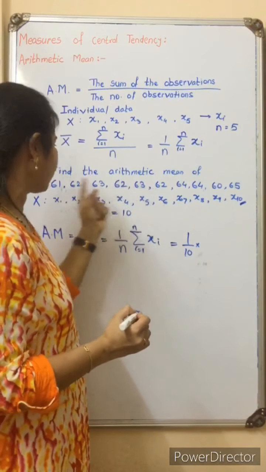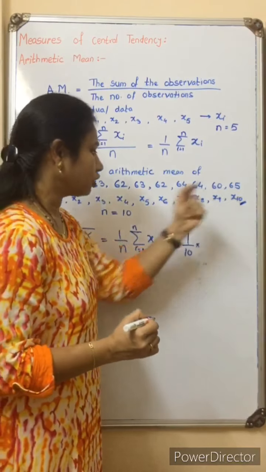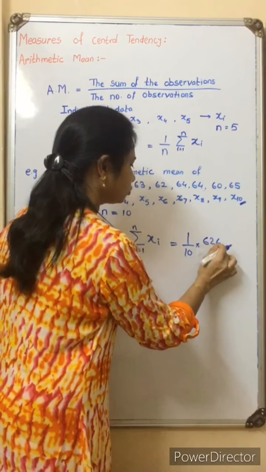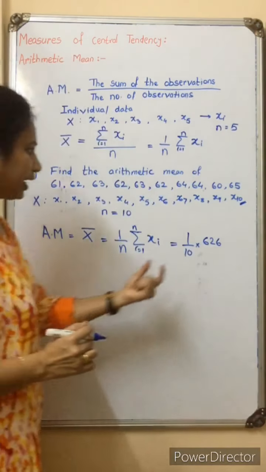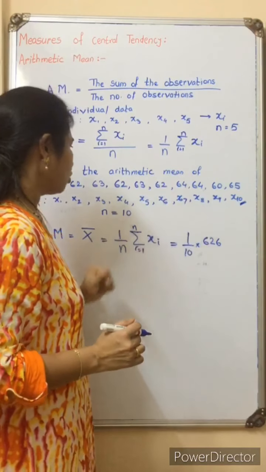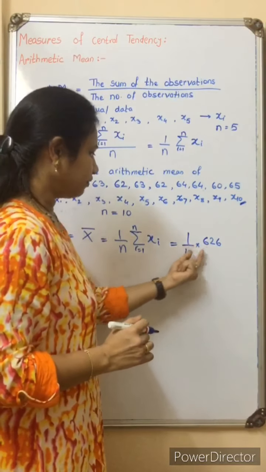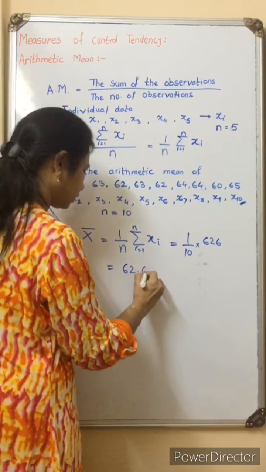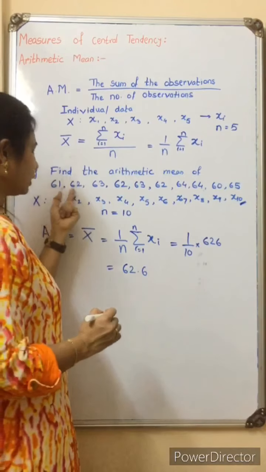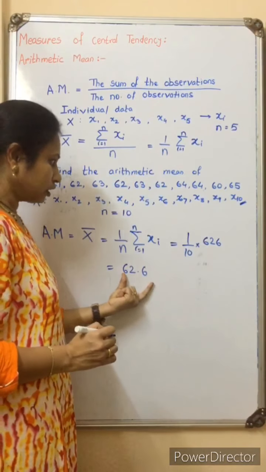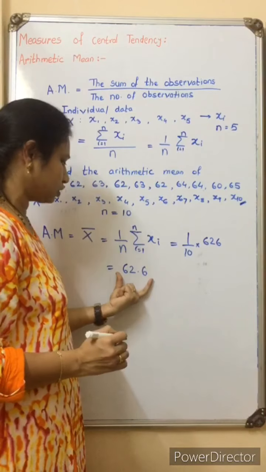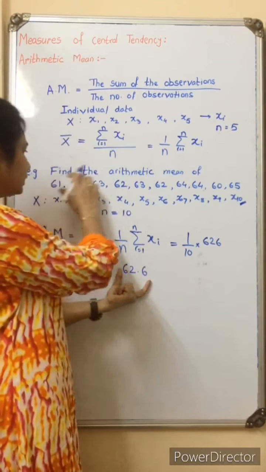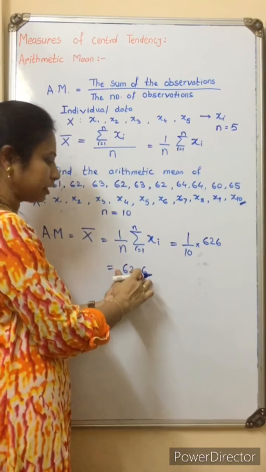When you add all these values, 61 plus 62 and so on up to 65, you get 626 as the sum of the observations. Divided by 10, you get 62.6. There is no unit for the data here; if a unit is given, you just apply the unit. The single value we got for this data is 62.6.